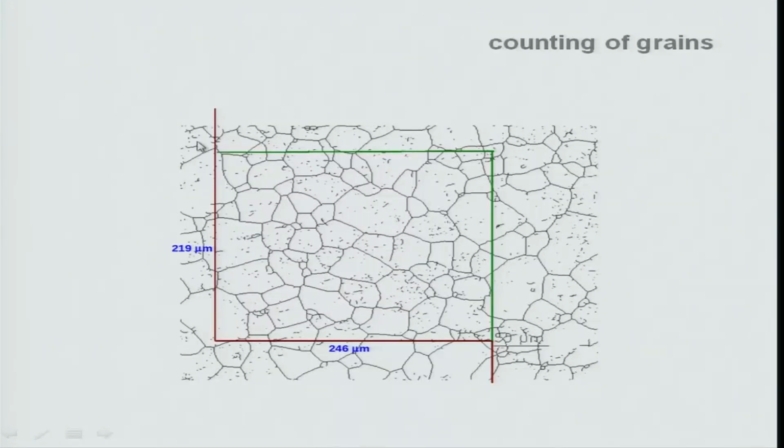I have here a microstructure of a single phase polycrystalline material, and you can see the grain boundaries and the grains very clearly in this. So, what we do is we superimpose a counting mask. As you can see, this is my counting mask of dimension 219 micrometers times 246 micrometers.